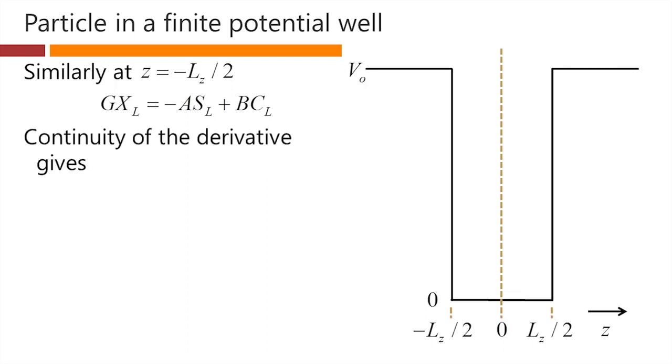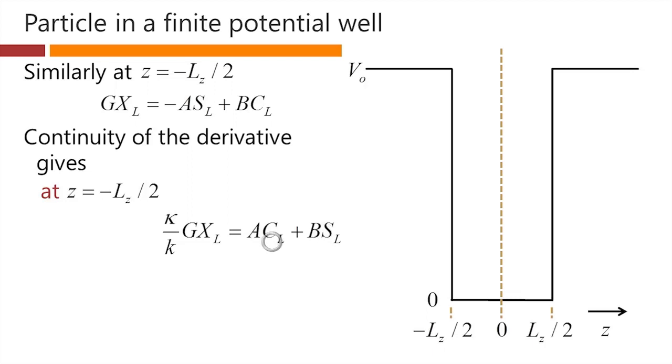And continuity of the derivative, the other boundary condition, will give us at z equal to minus Lz over 2, g xL multiplied by kappa would equal k times (a cL plus b sL), or we can take that k down here. We get the kappa from differentiating the exponential, and we get the k from differentiating the sines and the cosines here.